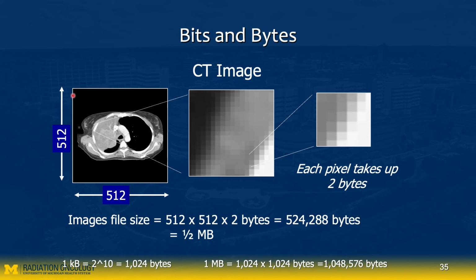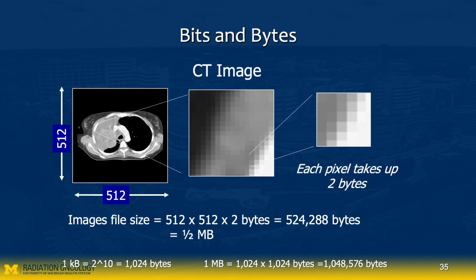So the total number of pixels in 1 slice will be 512 by 512, and each pixel or voxel, depending on how you define the thickness, has 2 bytes of information stored, because each pixel has a grayscale number.